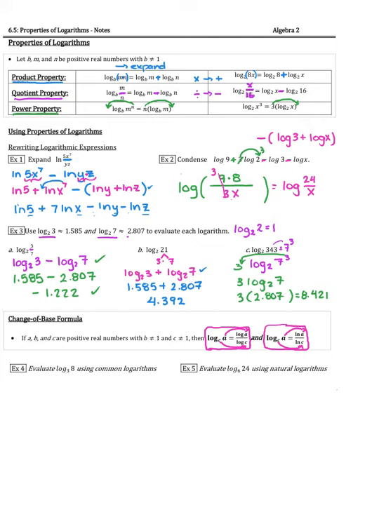So let's go ahead and do this. We have log base 3 of 8. So we're going to write it as a common log. Remember, that means base 10, which you don't actually have to write the 10. Remember, that's our default, but I'm just going to emphasize it right here.